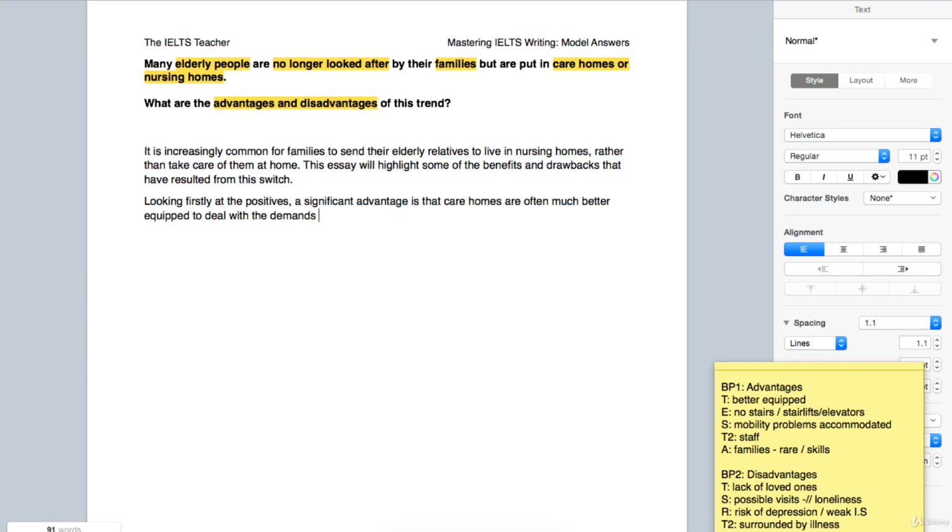Not to say that old people are demanding, but they do have particular needs, and we can paraphrase here as demands, with the demands of elderly people than, and then I've got this comparative here, better. So better than what? Care homes are better equipped than family homes. It's the alternative. Again, we're making it clear that we've understood this part of the task as well. So looking firstly at the positives, a significant advantage is that care homes are often much better equipped to deal with the demands of elderly people than family homes.